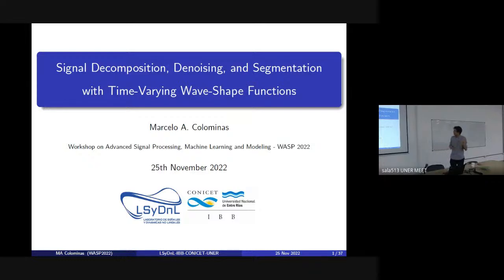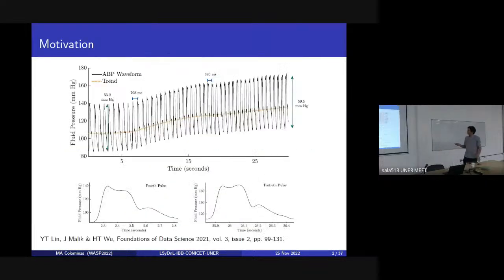A lot of signals do have some of these properties, some of these characteristics, and this wave shape function model was mainly motivated by them, and I will try to explain what this model is about and some generalizations and some improvements. But we will start with a typical biomedical signal.